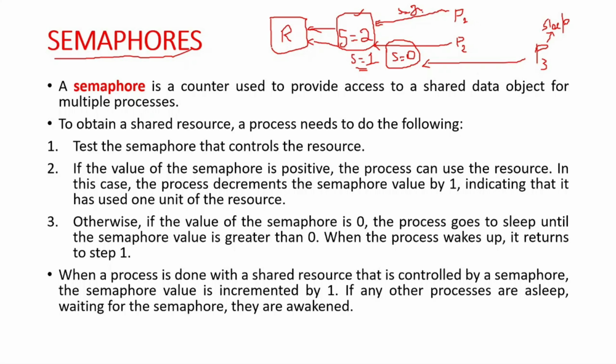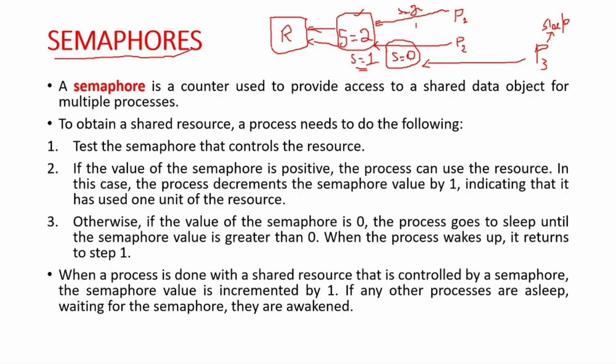It has done all the work with respect to this resource and doesn't need it anymore. So it will release the resource R that it was accessing, and while releasing the resource, it will increment the semaphore value associated with this resource by 1.